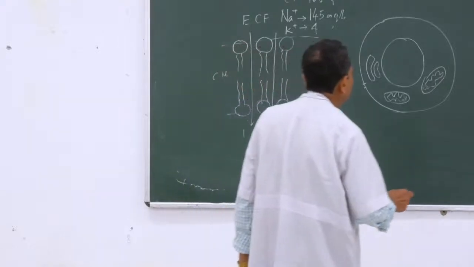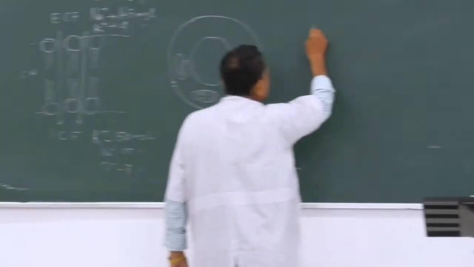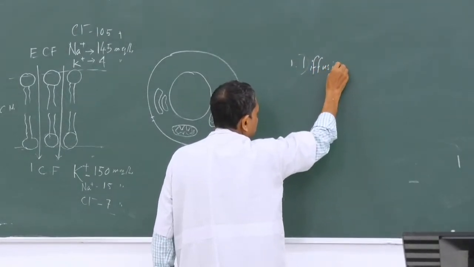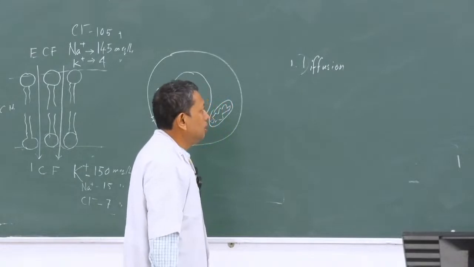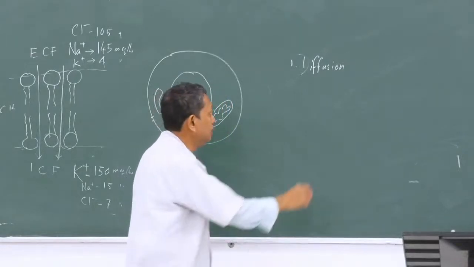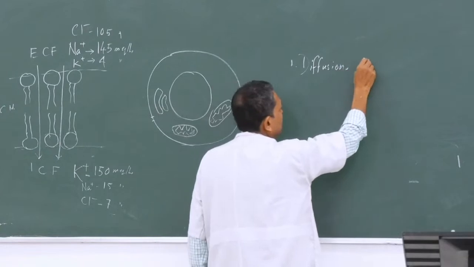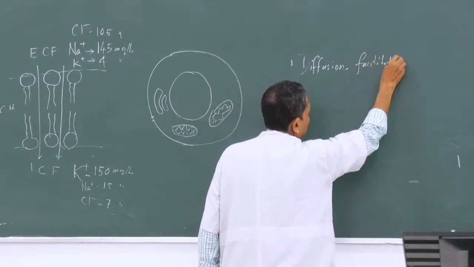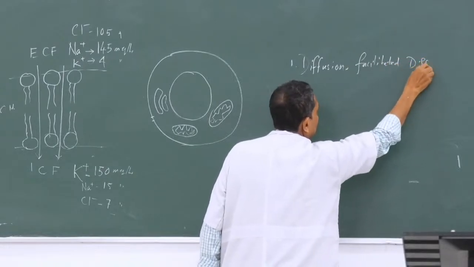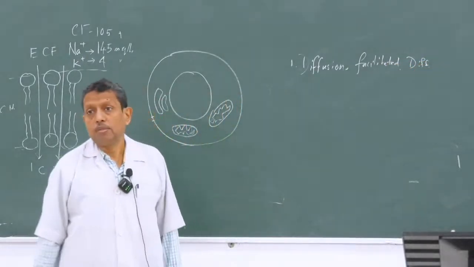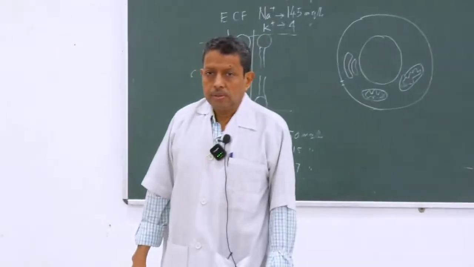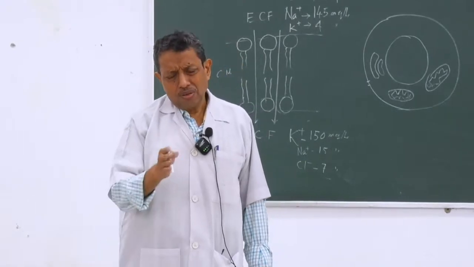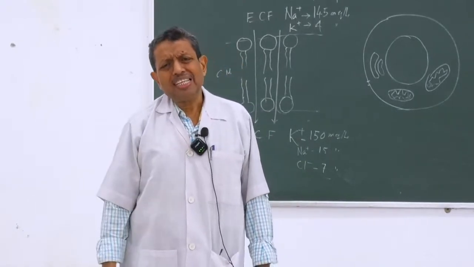But for hydrated molecules, there are two processes: simple diffusion and facilitated diffusion. Oxygen transport, carbon dioxide transport, or water transport are examples of diffusion.